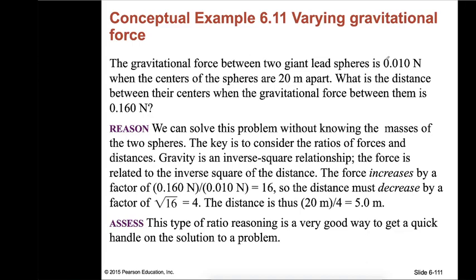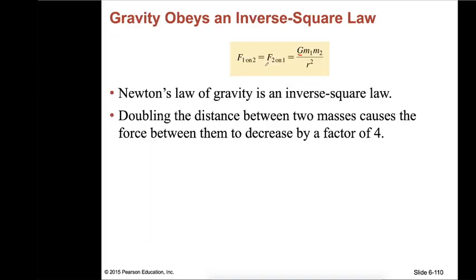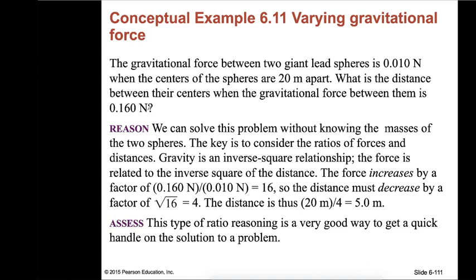Okay, from 0.01 Newton to 0.16 Newton, it's 16 times bigger. When the gravity is bigger, we know they are closer due to Newton's gravity equation. It's 16 times greater.